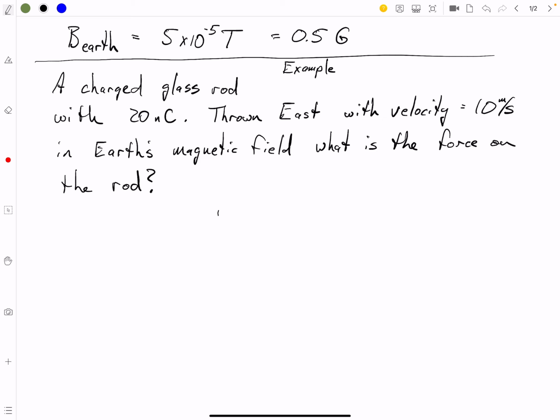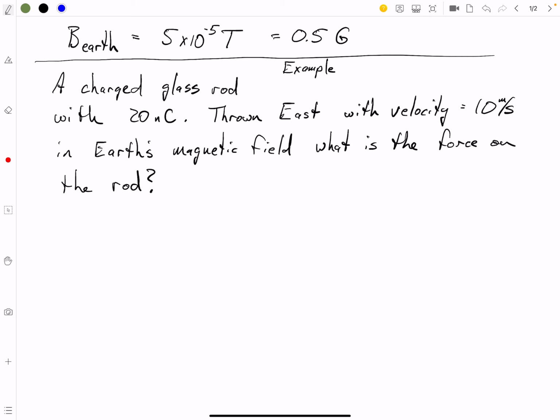Let's solve this problem. First of all, you have to know which way the magnetic field is for the Earth. I don't know if you remember this, but if your compass is pointing upward to the north, then that means your B field is pointing upward. Let's draw it out.